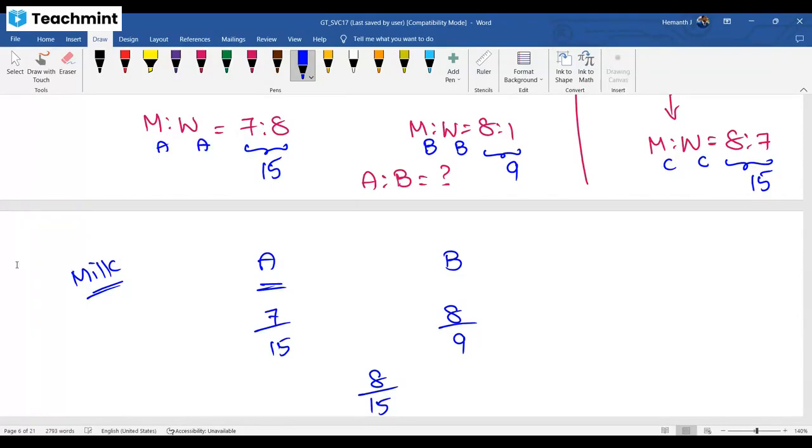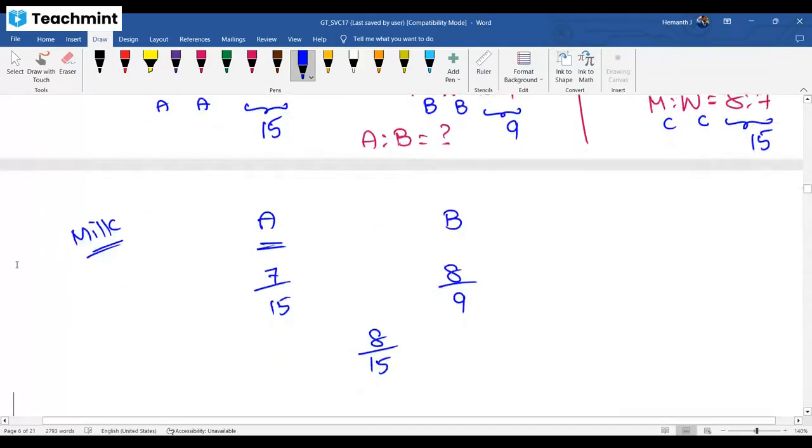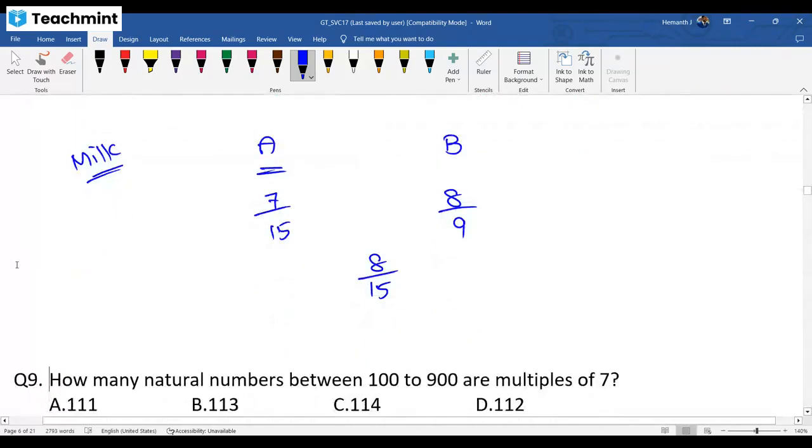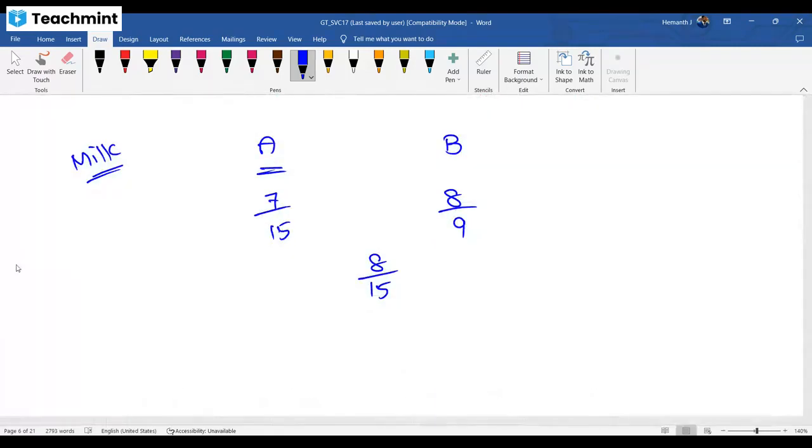Right. Now, if you recall the mixtures and alligations concept, here the ratio is not given. How are A and B mixed? What ratio are they asking? So, what you have to do? Take the difference, put it on the opposite side. Differences must be positive. 8 by 15 and 7 by 15, the difference is 1 by 15.